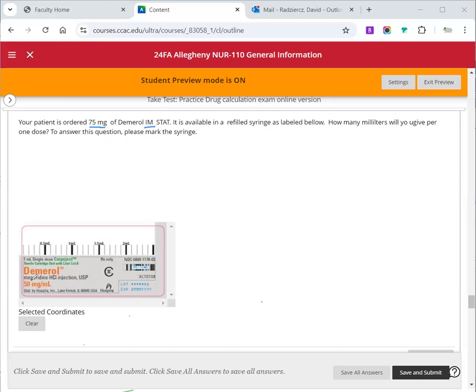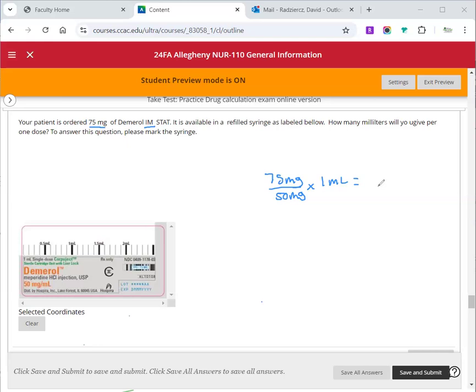So it says how many milliliters will you give per one dose. So we have Demerol 75, it's available 50. So I'm going to take my order divided by, oops, sorry. Did that wrong. I'm going to take my order, which is 75, divided by my available times my quantity.